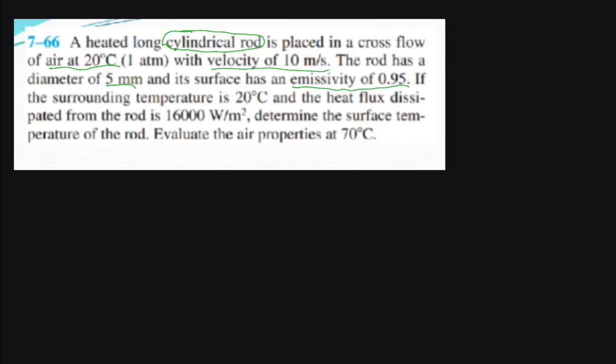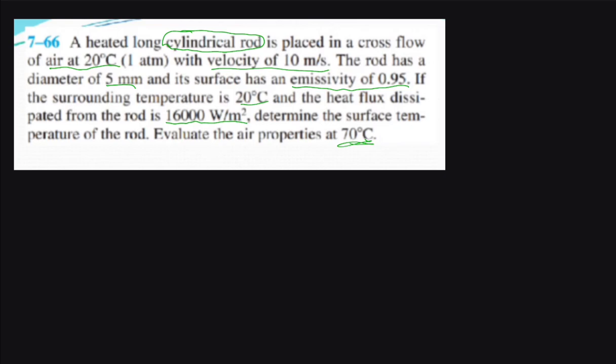That means radiation. And then we have surrounding temperature 20 degrees. So the air is the same temperature, both of them are 20 degrees. And the heat flux is 1600 watts per meter squared. And then it says evaluate the air properties at 70 degrees C.